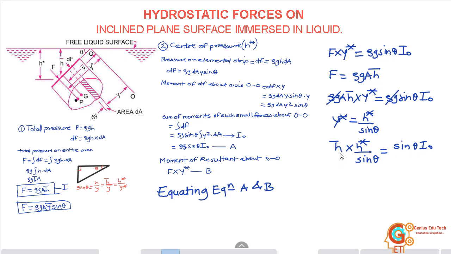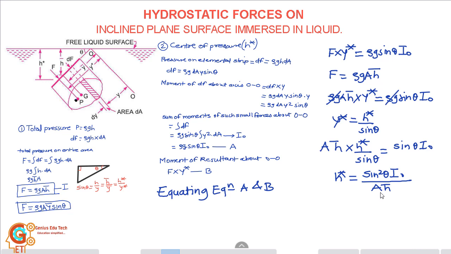Substituting y star in this equation, we get A h bar into h star upon sin theta is equal to sin theta I0. Further simplifying this equation, we get h star is equal to sin square theta I0 upon A h bar.